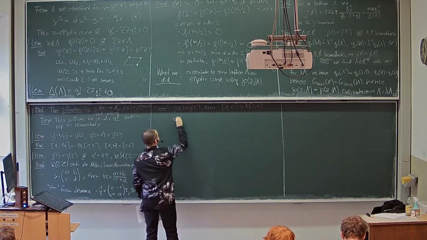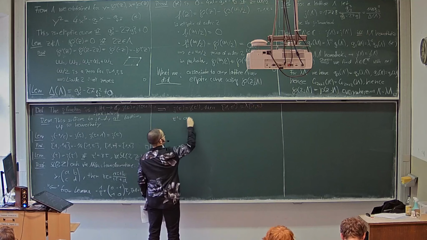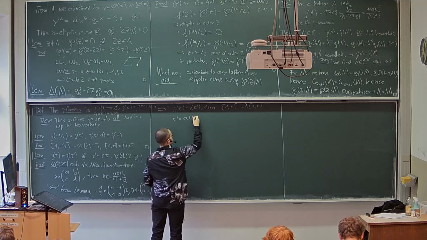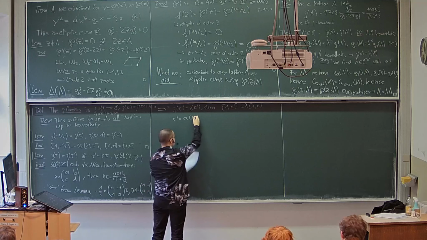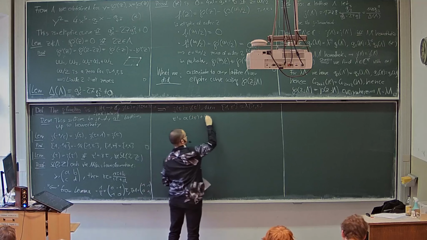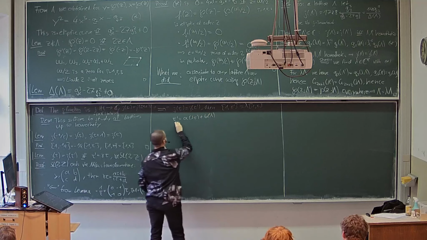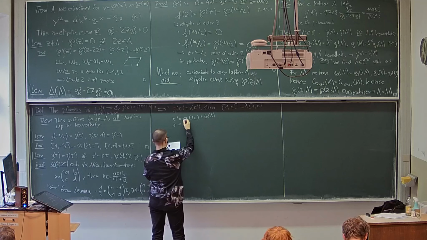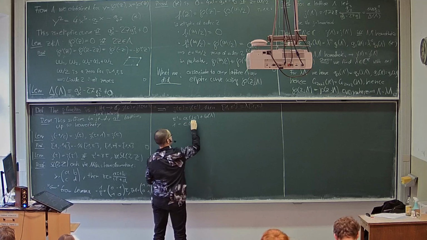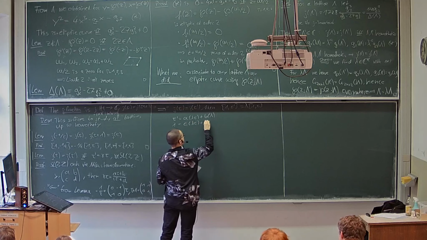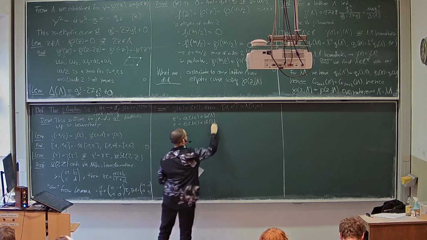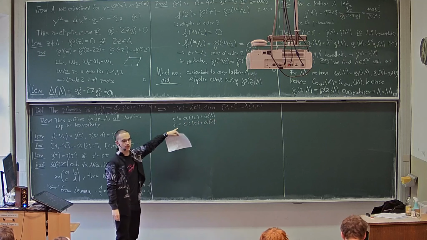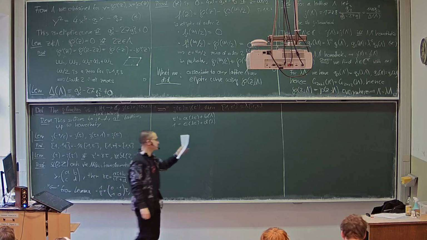And this gives us the following: lambda tau plus b lambda. So we can express tau and 1 as multiples of 1 lambda and lambda tau. So this is immediate from this definition.